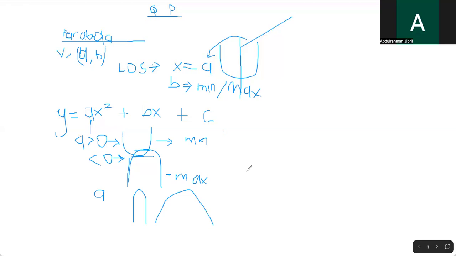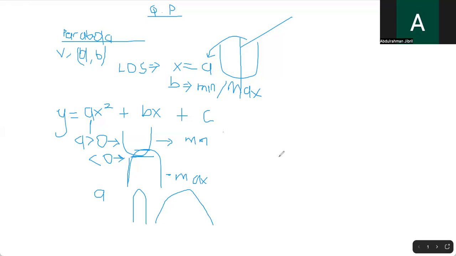So as the absolute value of a increases, the graph becomes narrower and taller.